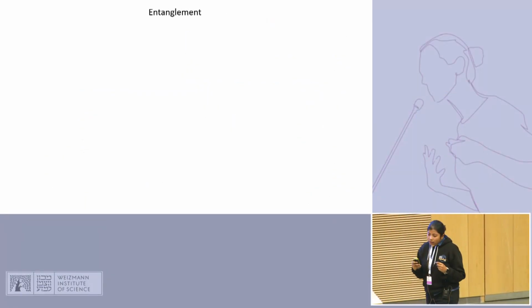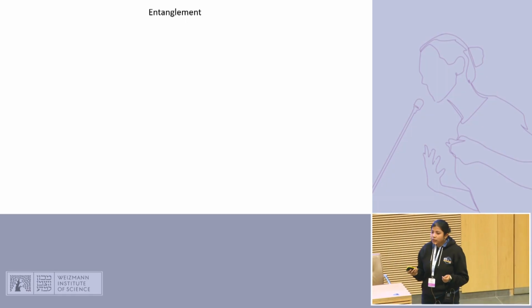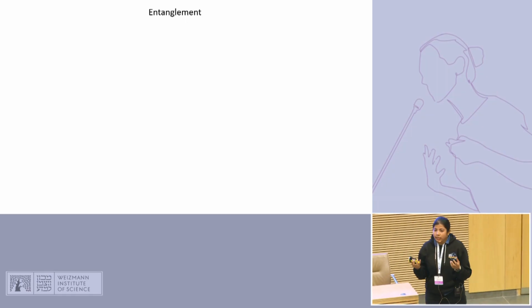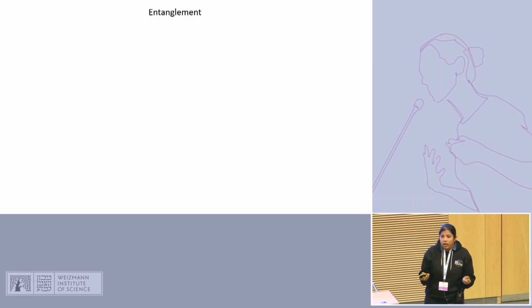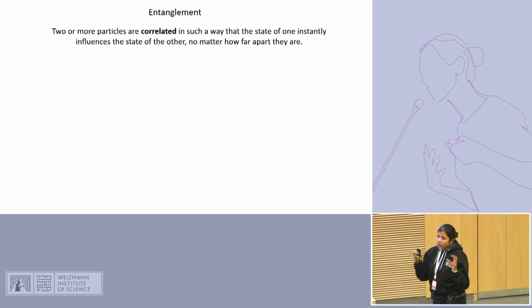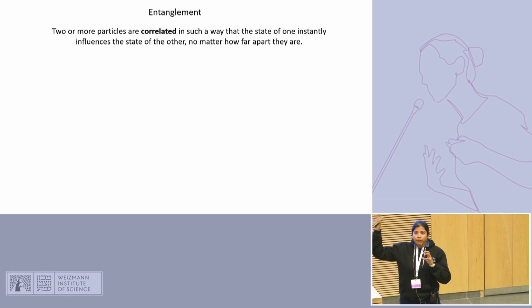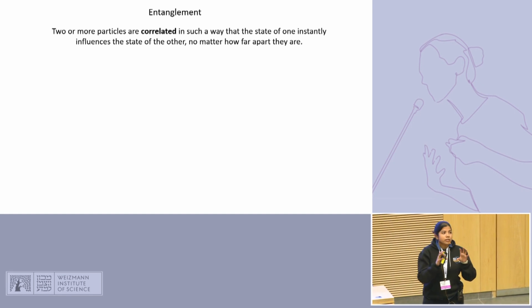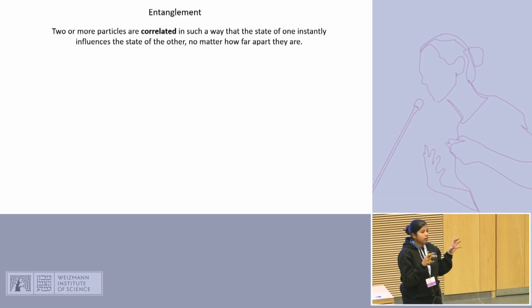One important thing when we talk about quantum computation is entanglement. That is the entanglement between two particles. Now let's first understand what entanglement is. Let's say there are two particles very far away from each other, and there is no way these particles can interact or talk to each other.